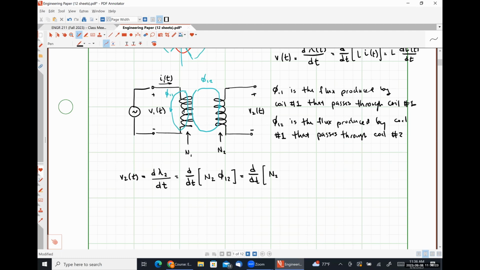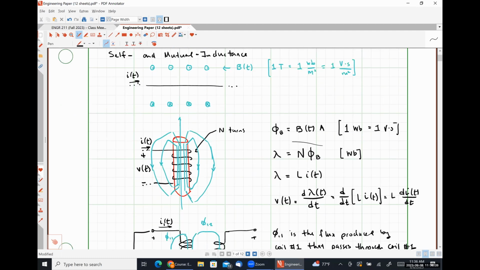Using these relationships and rearranging to solve for phi 1, 2, we have the number of turns of coil 1 multiplied by the current flowing through coil 1.